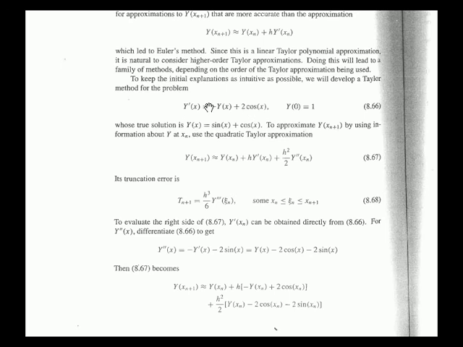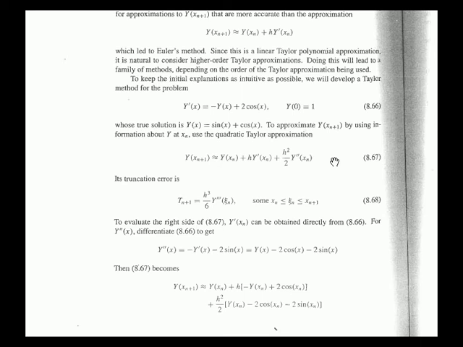For example, if the differential equation is y prime equals minus y plus 2 cosine of x, you just take the derivative of both sides with respect to x, not with respect to y, and then y double prime is minus y prime minus 2 sine x, and you can use that for y double prime.